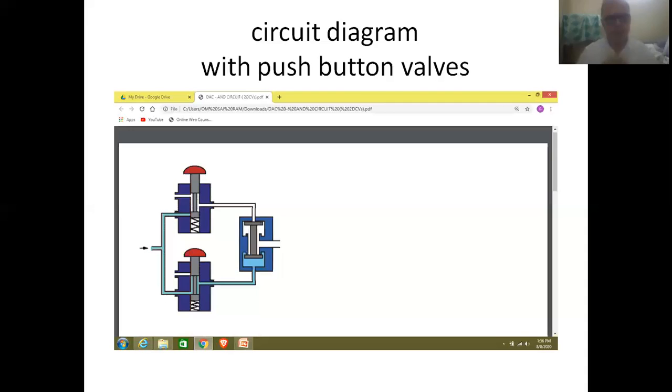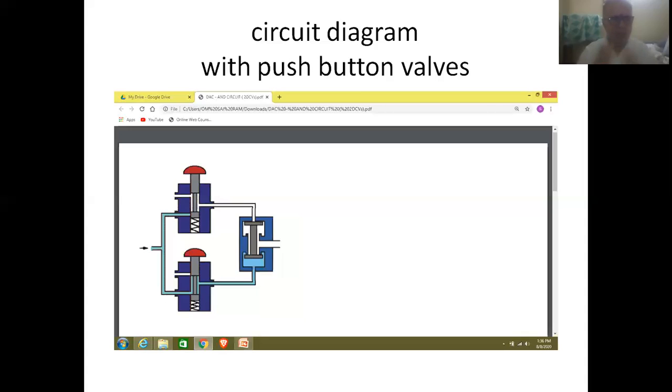So friends, with this arrangement, the first valve can be used for sending fluid from the left-hand side of the piston. That can be used for performing forward stroke of the piston. And the second valve can be used for sending fluid from the right-hand side of the piston.